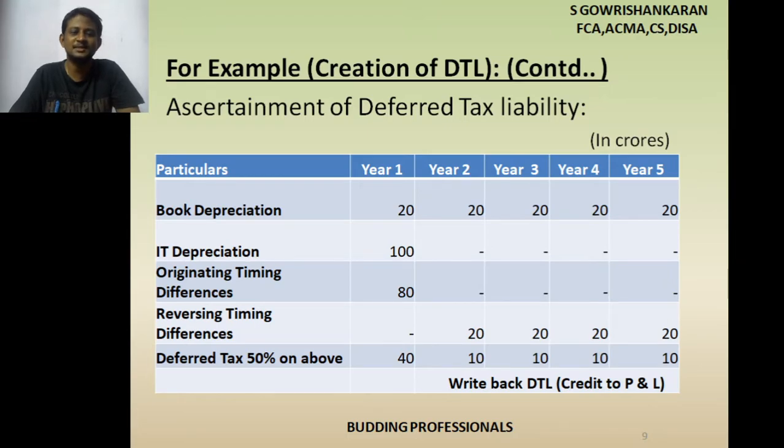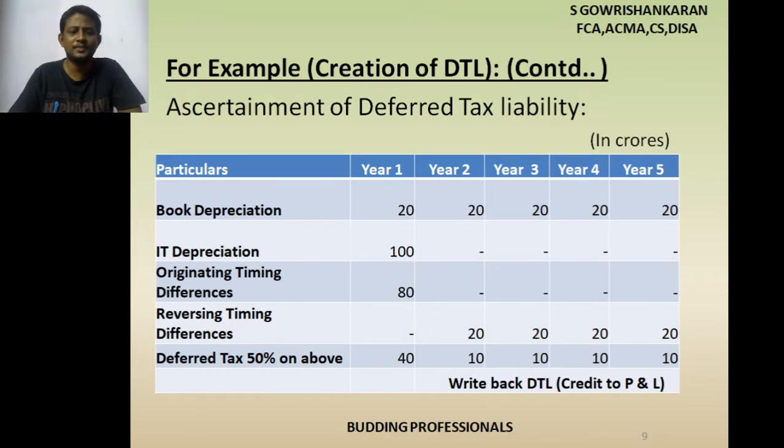Because of this, there is a mismatch between my profit versus tax. Because I am claiming excess expenses, huge expenses in the first year itself, because of income tax provisions.